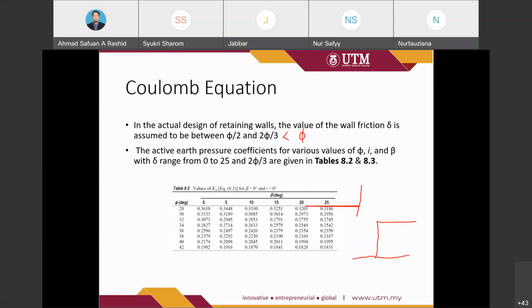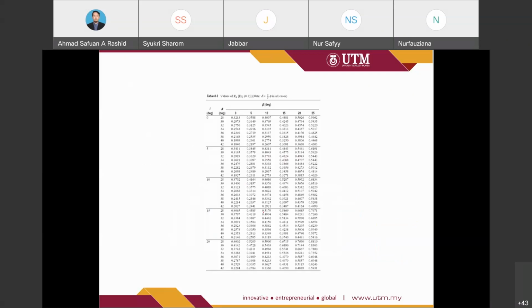Let's say we are given delta equal to 2/3 of phi. Then we can use this table, where we have i here, and also the beta value.